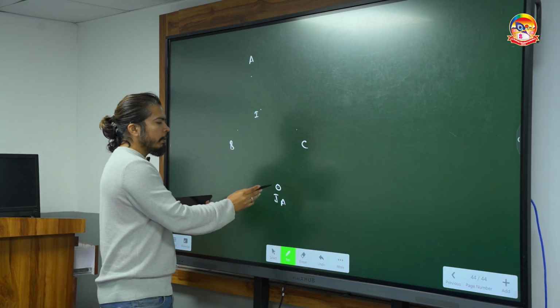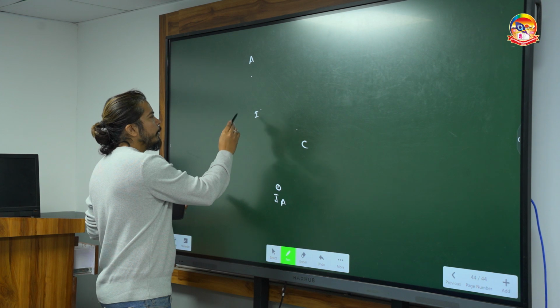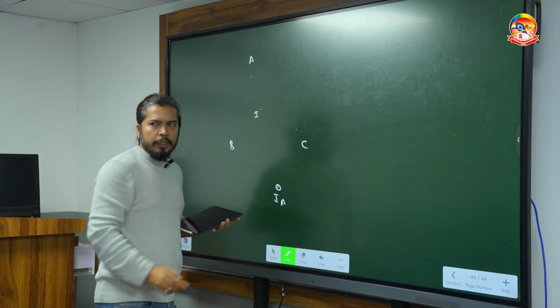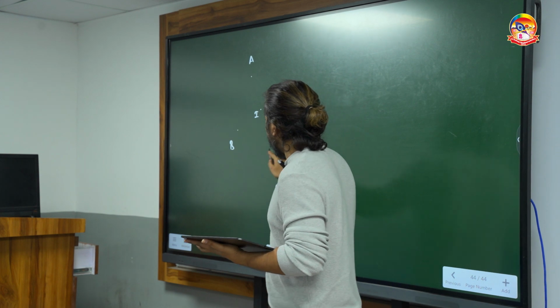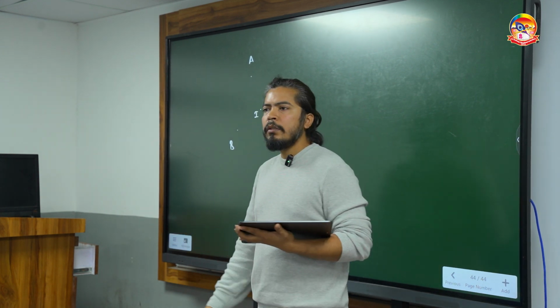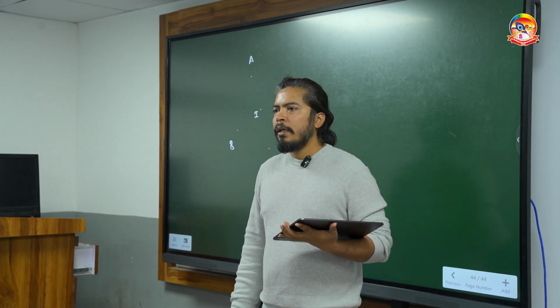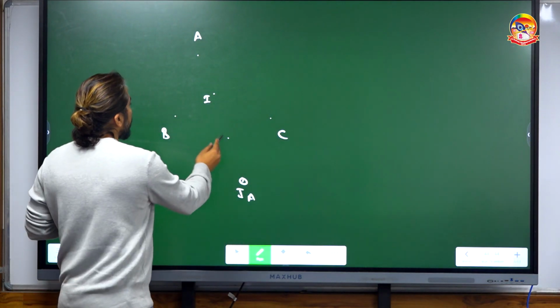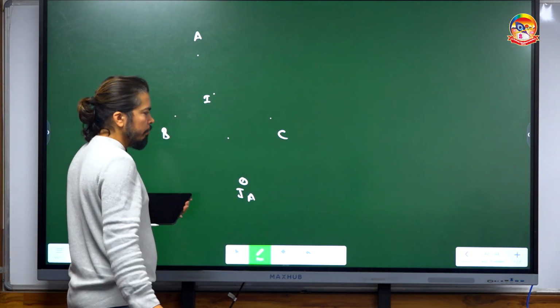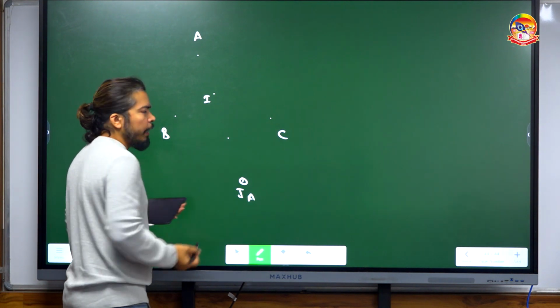But in case we could have achieved IA, then B, I, C and IA become concyclic. And in case these 4 points are concyclic, we can find center of this BICIA, and center of this cyclic quadrilateral will be concyclic to ABC. But the difficult part is we cannot find IA so easily.